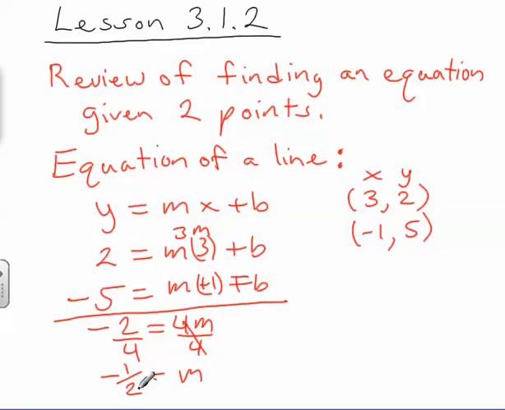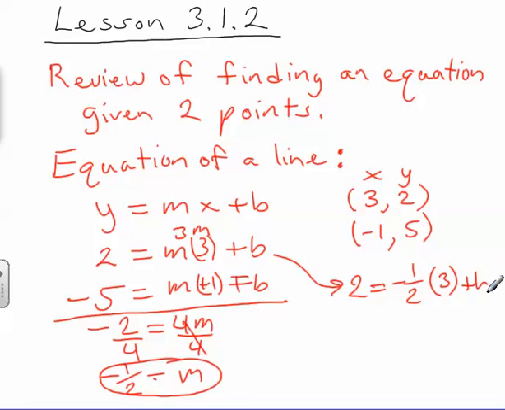Okay, now that I know the slope, I can take that back and find the other parts using what I have here. So let's use this first equation because it looks prettier to me. 2 equals -1/2 slope, and a 3, and a plus b. So now I want to solve for b.